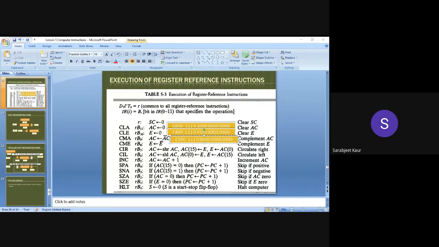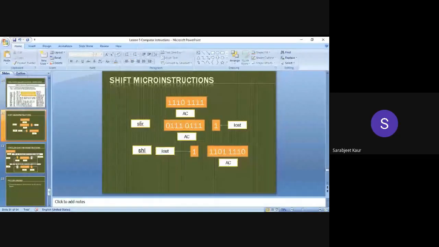Excuse me, ma'am, are you teaching from the presentation? Yes. Are you on the execution of register reference instructions page? No, now the page changed to shift micro instructions. It wasn't like this before.